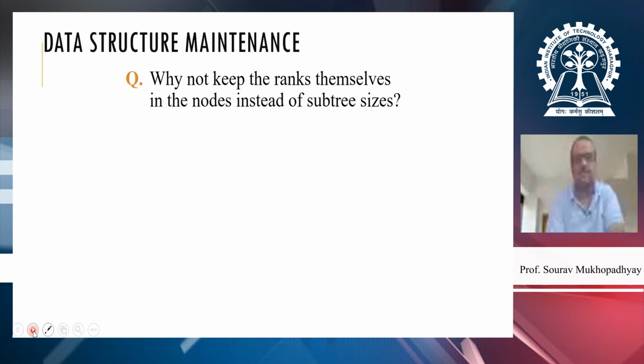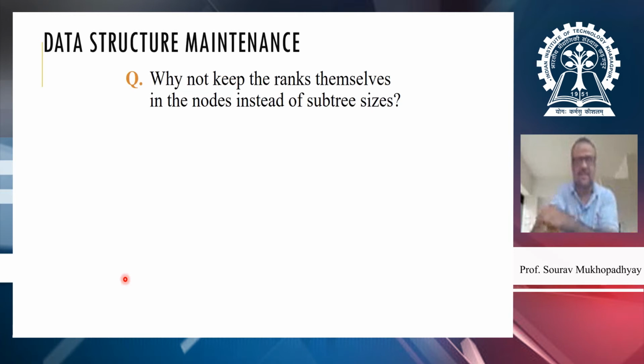So suppose we are inserting a new element which is the minimum among all the existing elements. If we insert a minimum or maximum, something like that, then the rank will change for every element. So that will cost us order of n time. So we have to change the rank of each of the elements.